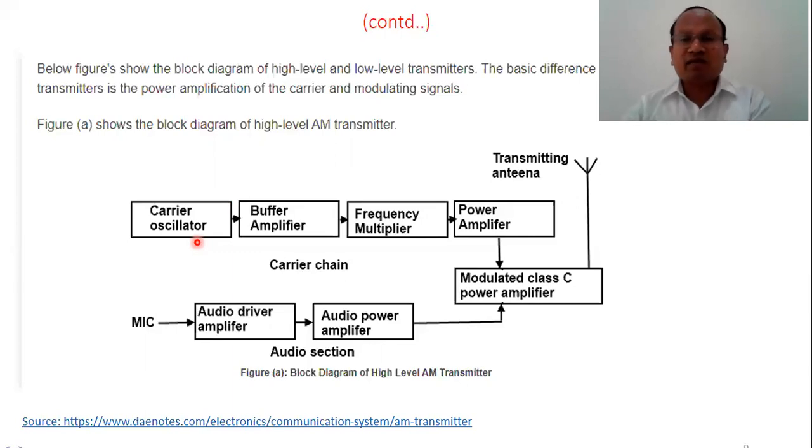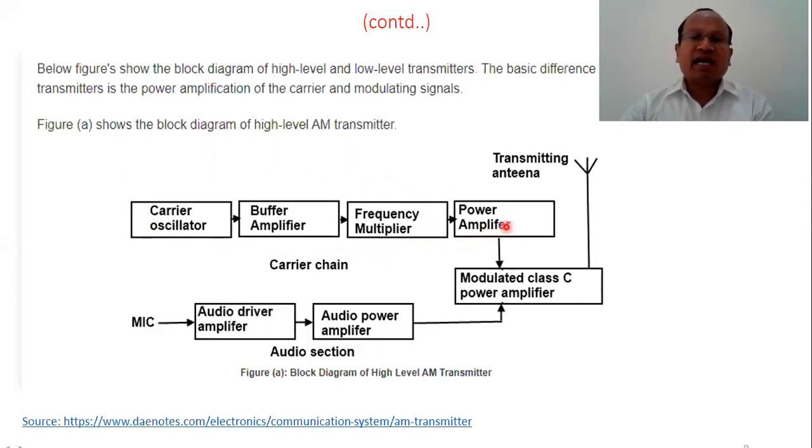That frequency multiplication can be achieved by this stage. So a frequency multiplier is used to increase the frequency which is actually needed.